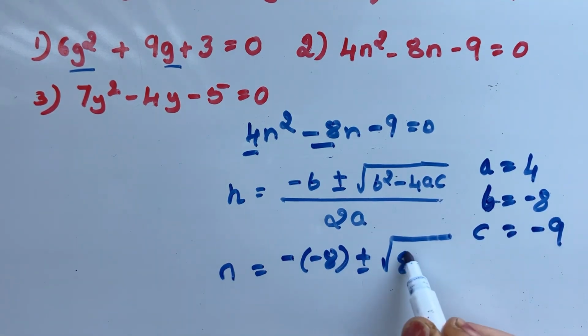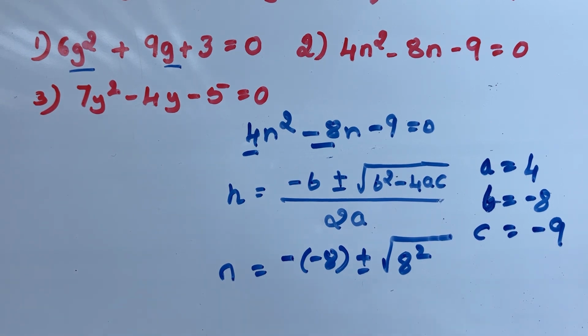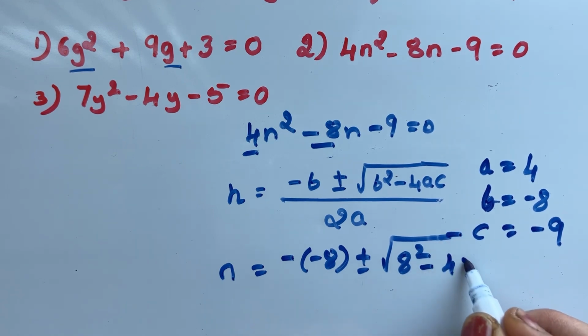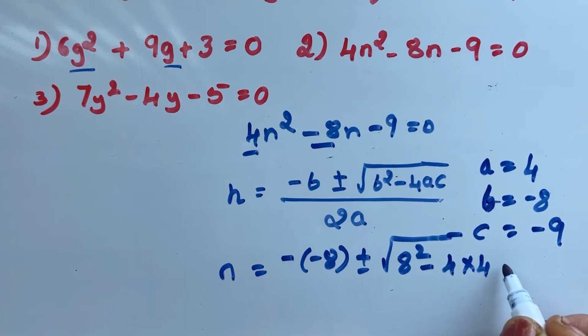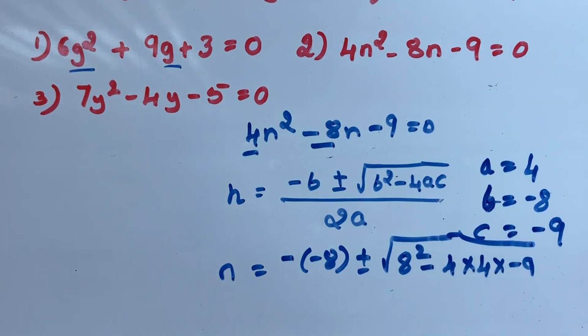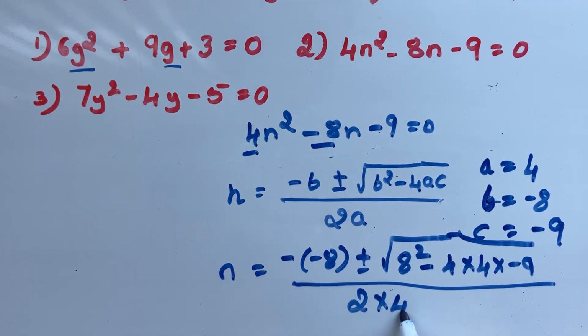Negative 8 squared is nothing but 8² minus 4 times a, a is 4, c is negative 9, divided by 2 times a.